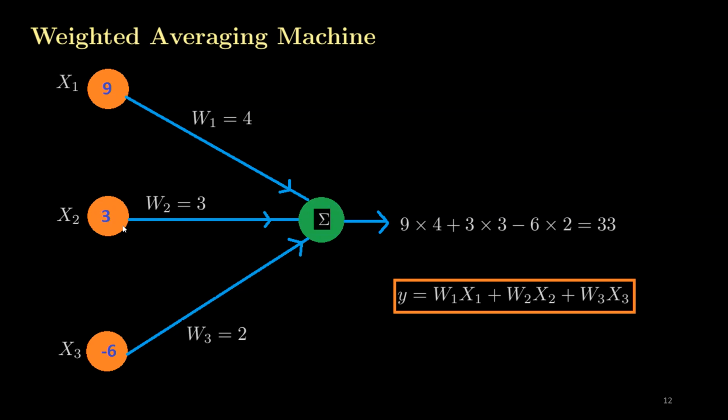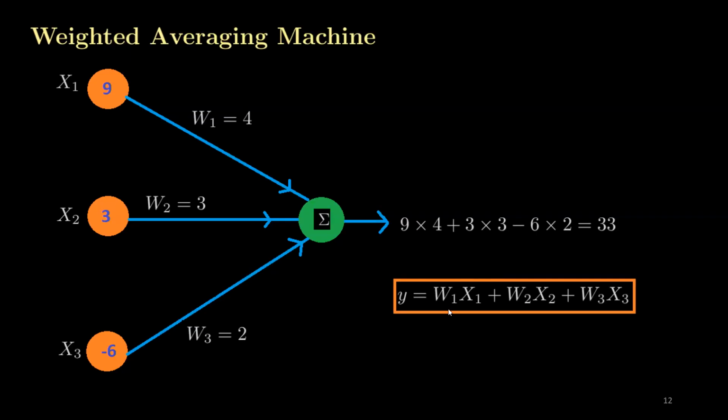Similarly, we get W2 X2 from this branch, and from the third input branch, we get W3 X3, and it will reach this central perceptron. Now, this perceptron is performing addition here. So the equation is W1 X1, coming from this branch, plus W2 X2, plus W3 X3, and here is the addition. So this is the output of this neuron.